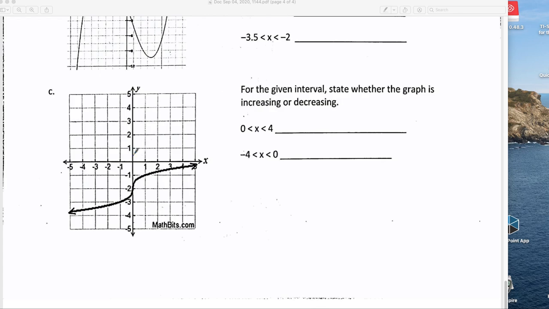That's right here. Excuse me, we're going from 0 to +4. That's right there. So between there and there, that graph is increasing. And between -4 and 0, which is here and here, that graph is also increasing.